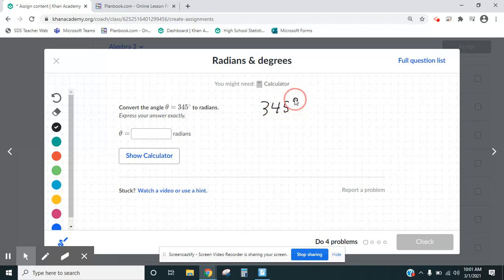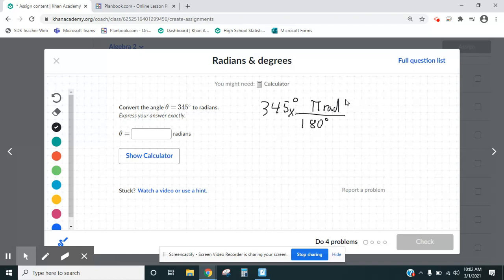Here's what we're going to have to do. When we go from degrees to radians, we want to say this: there are pi radians in how many degrees? 180 degrees. So what we're really doing here is like dimensional analysis, right? You guys remember that from physical science and all that fun stuff. So I'm getting rid of degrees.